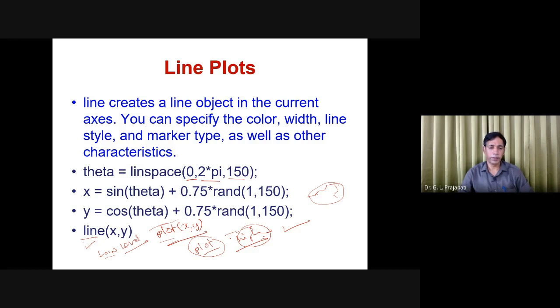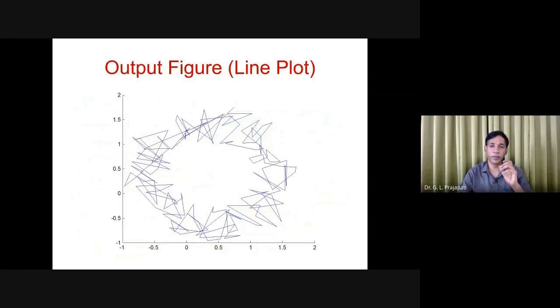Otherwise, in the display format, if you use plot x y, then you will see the same graph as you have found in the line plot. So line is the low level command of the plot, as compared with plot. So you can remember, whenever you just want to create a line, you can also use this line.